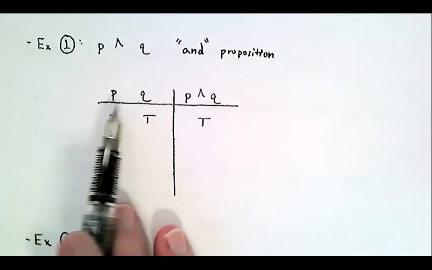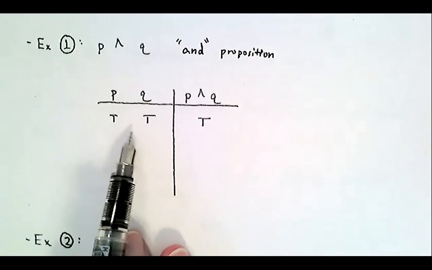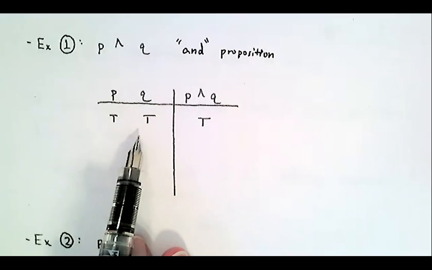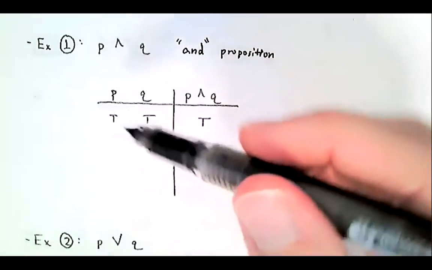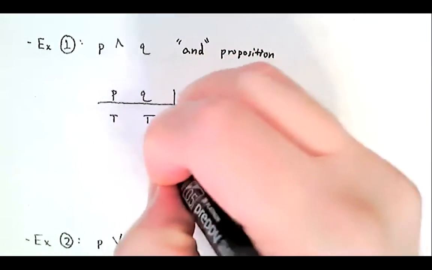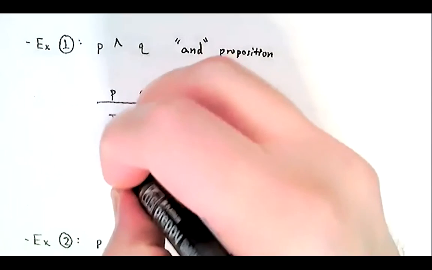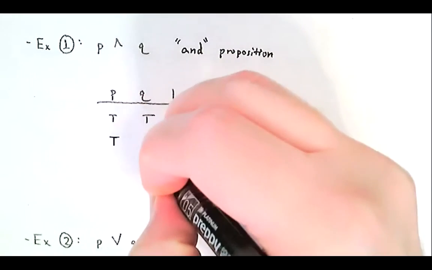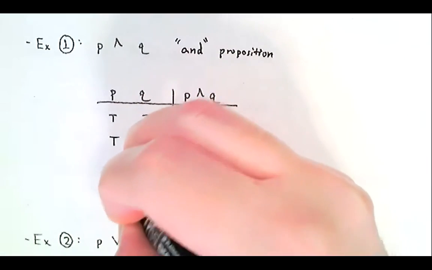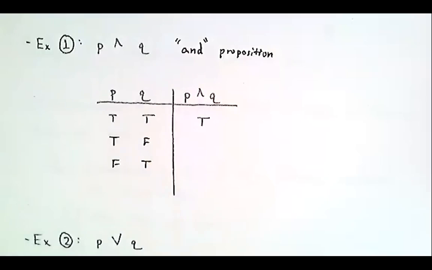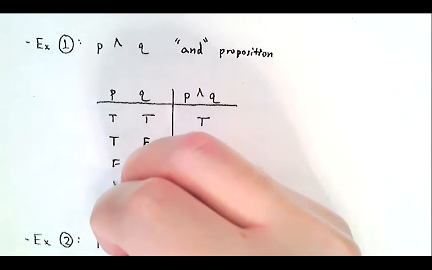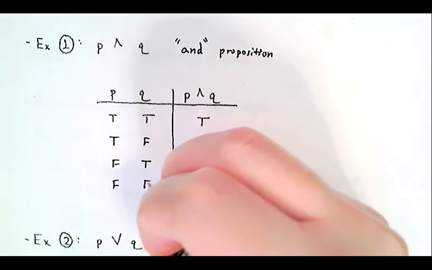So when I have 2 simple propositions, that means I'm going to have 2 times 2, or 4 possibilities. So I filled in one already. We could also have a true and a false, or a false and a true. And then the last possibility is 2 falses.